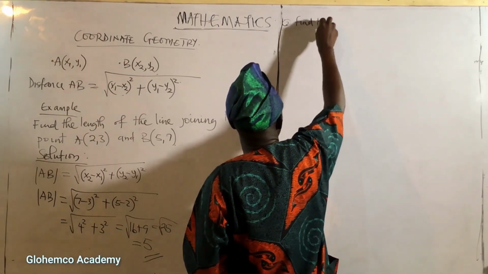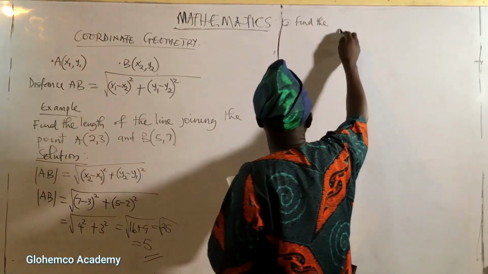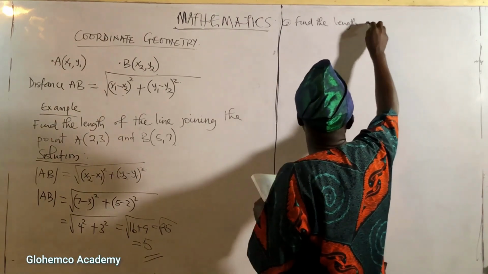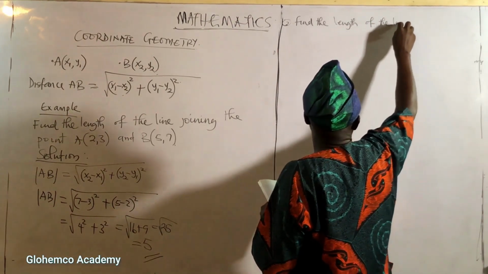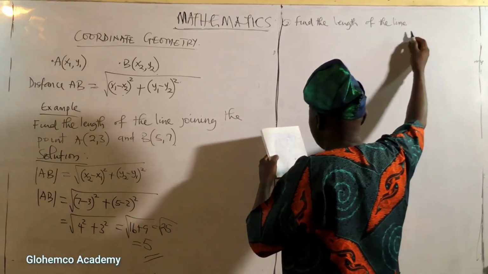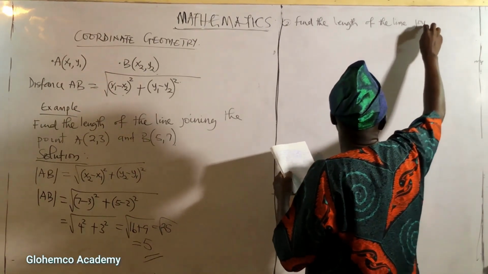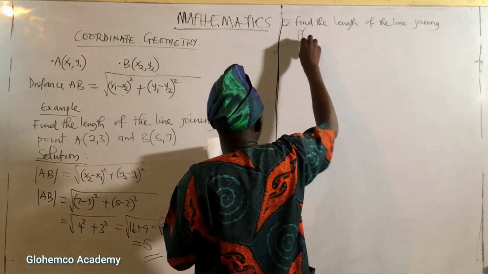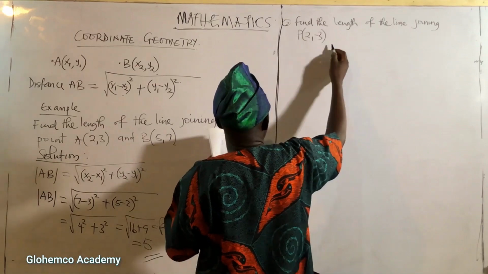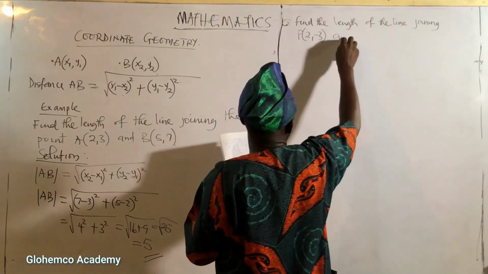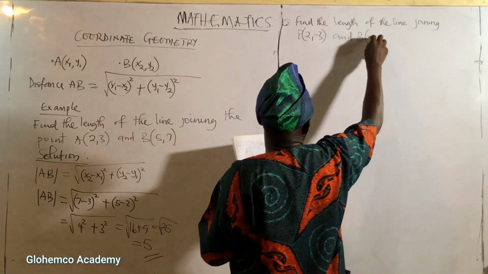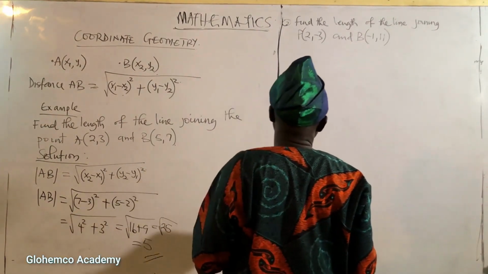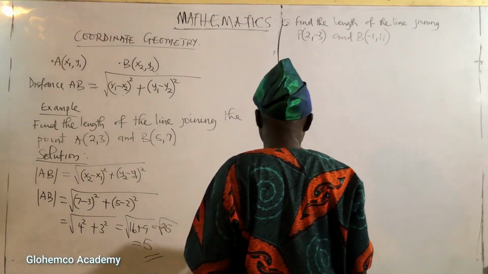Find the length of the line joining P (2, -3) and Q (-1, 11). We want to find the length of the line joining those points.